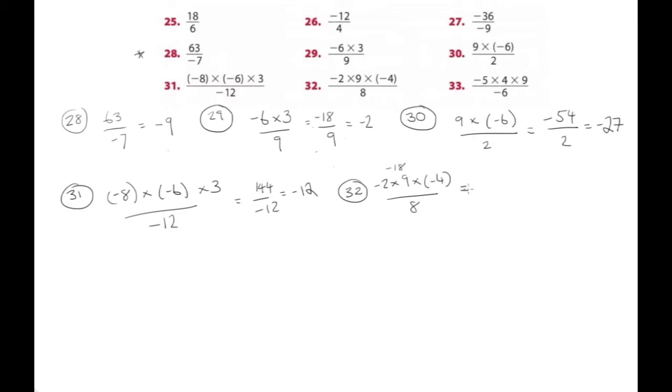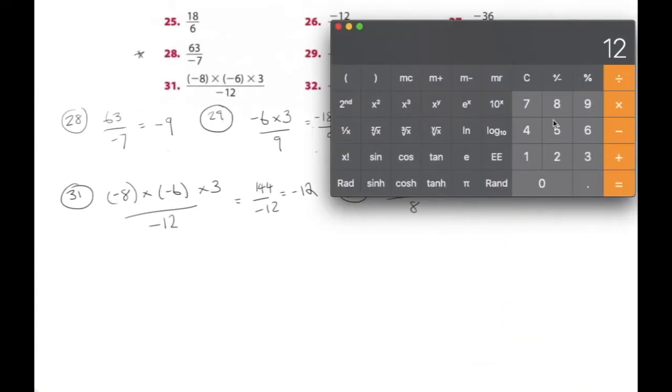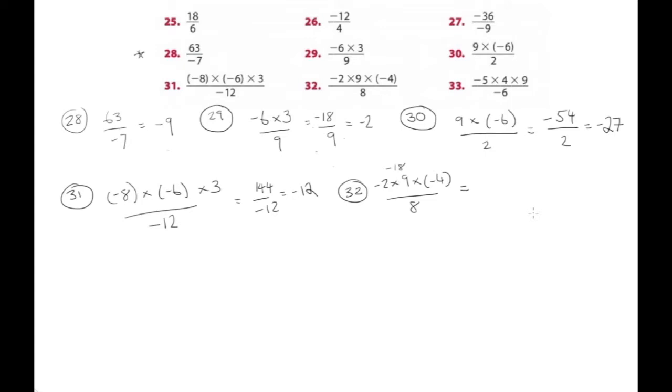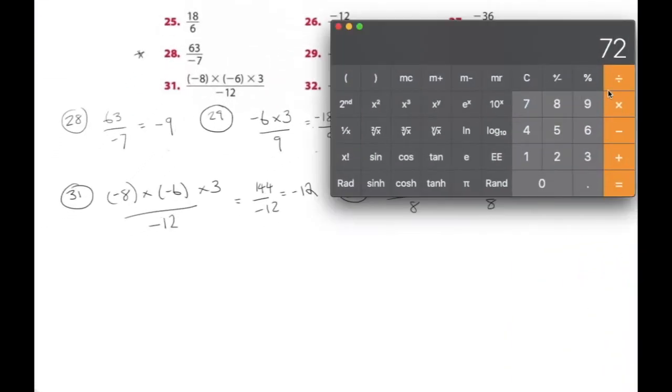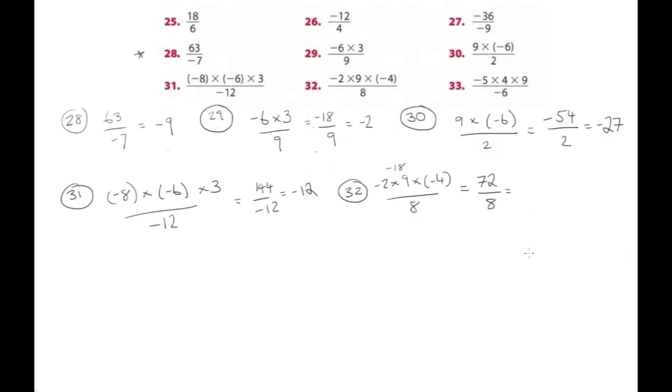It's a minus by a minus, so our answer will be a plus. So it's 18 multiplied by 4, which gives us 72. And then that is divided by 8, that's 9. And they're both positive numbers, so we get a positive answer.